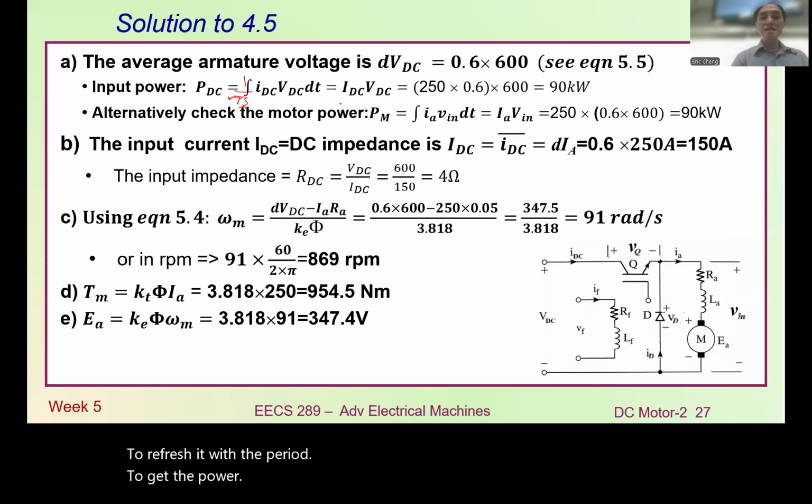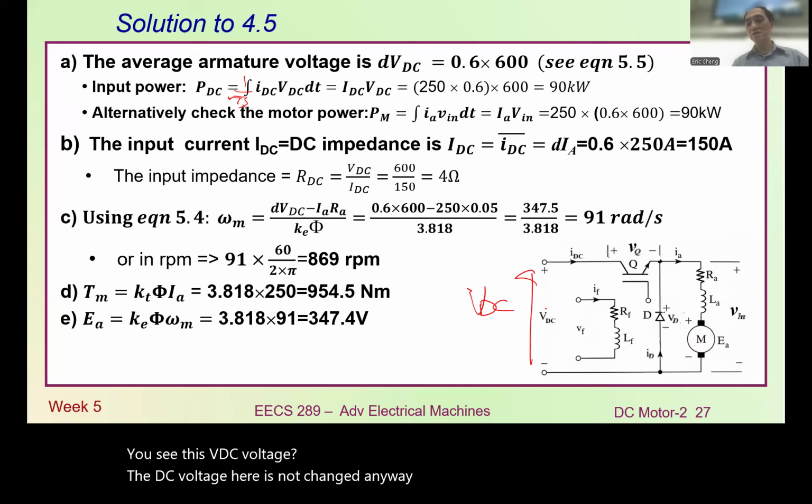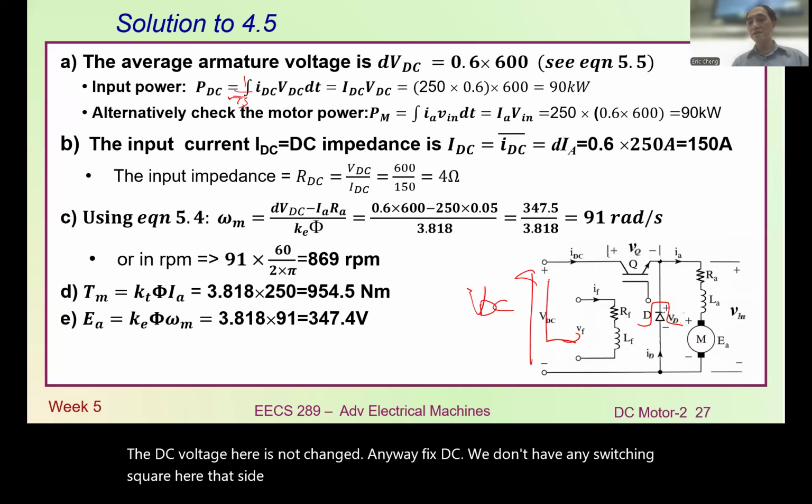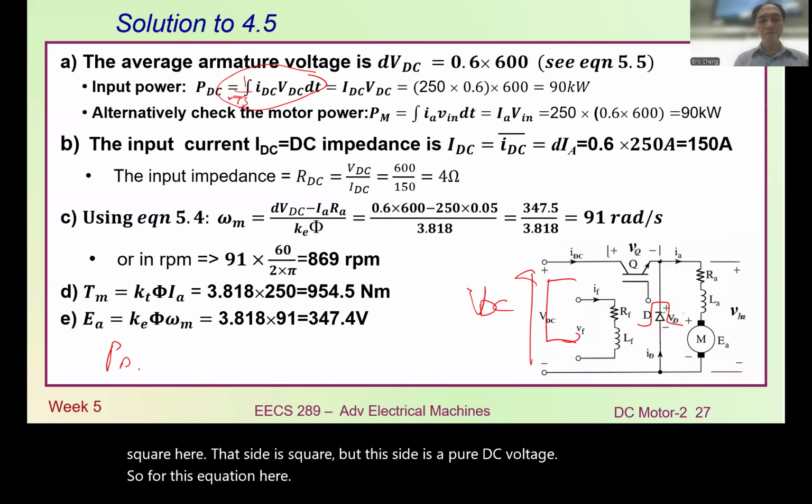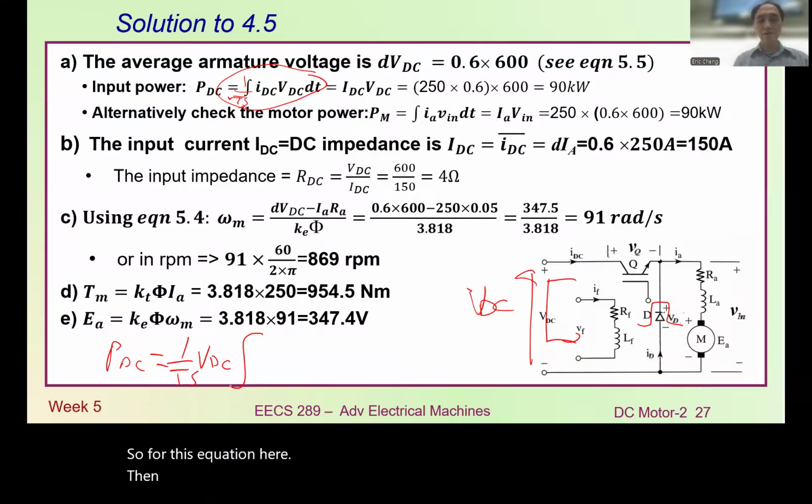And here the DC voltage is unchanged. This is the VDC voltage, fixed DC. We don't have any switching square wave here. That side is a square wave, but this side is a pure DC voltage. So for this equation, the VDC is constant, we can just average.